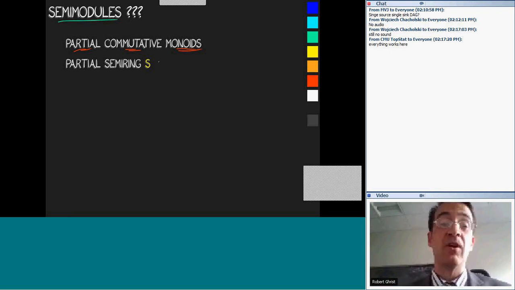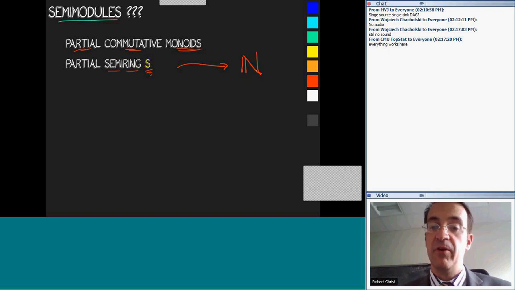It's a little bit more complicated than this, because we're going to need a partial semi-ring, which we will refer to as S. A canonical example of this is going to be the natural numbers, where this has all the usual structure of the ring of integers, Z, except that it's a semi-ring. You can only go forwards and not backwards.